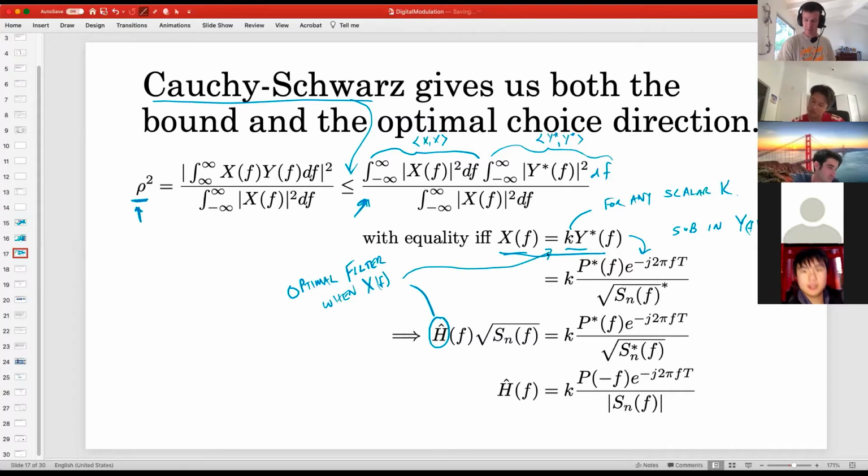So any old filter is h of f, the optimal filter, I'm going to give it a hat. It's special. It gets a hat. Okay, and then what we're doing here is this is x of f. This is our definition of x. And so if I sub in the optimal x, I get the optimal filter in there.